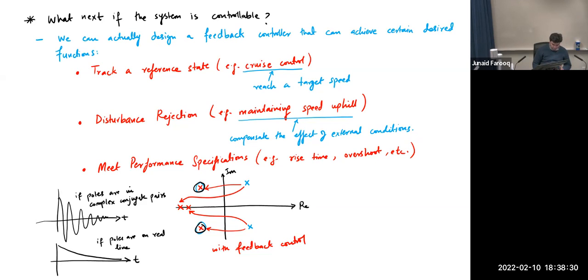Now the next stage is, how do we design a control input?